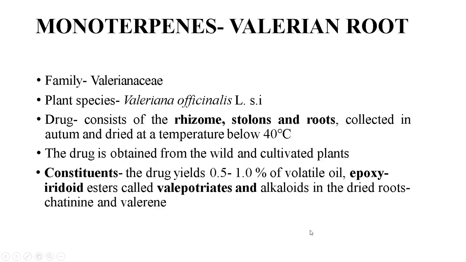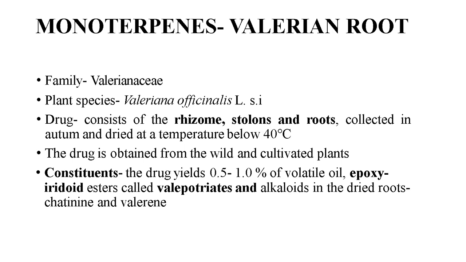The next one is the valerian root. The family is there. Bear with me again. The plant species is also there on the slide. For this, we focus on the rhizome, stolon, and roots, and they are normally collected and dried at a temperature below 40 degrees Celsius.